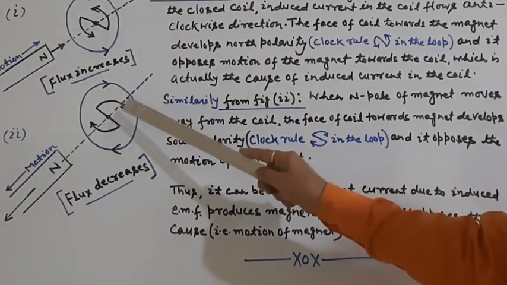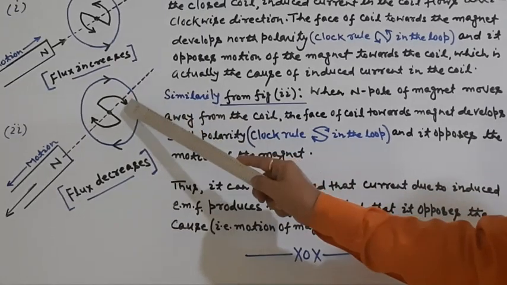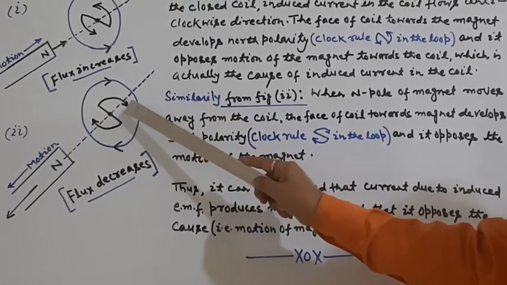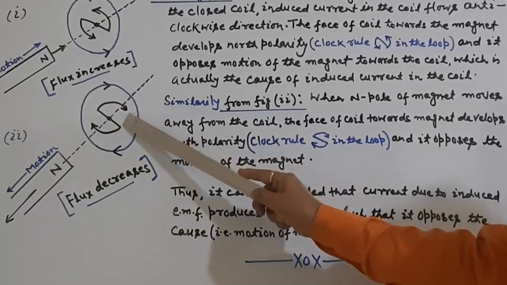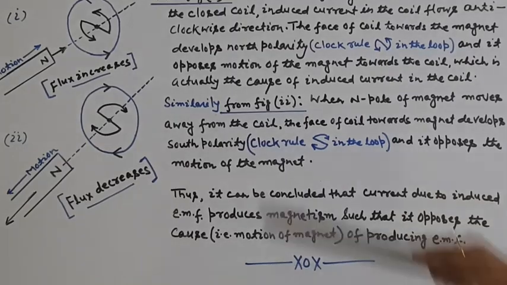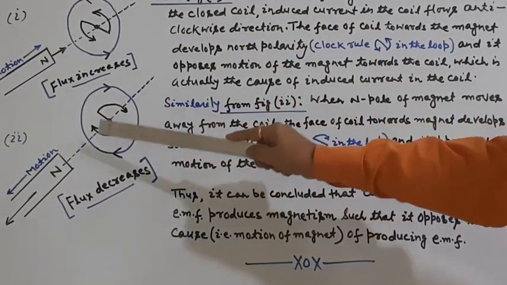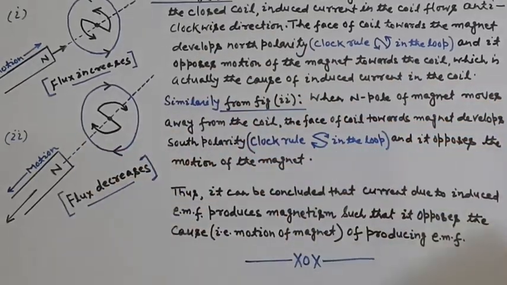Why is south polarity developed? Because the direction of current is clockwise, and the clockwise direction represents the letter S. So south pole is developed, and here the magnet is moving away from that. So the south pole of the coil will attract the north pole of the magnet. So again, motion of the magnet is opposed.